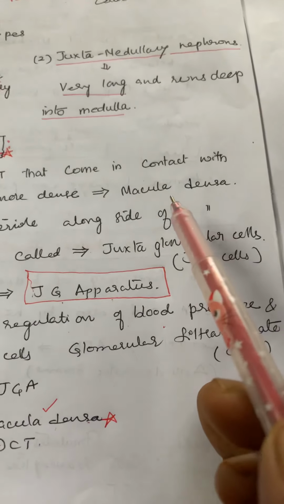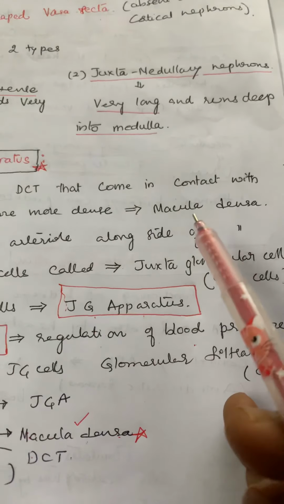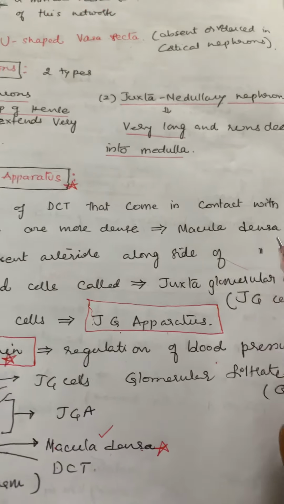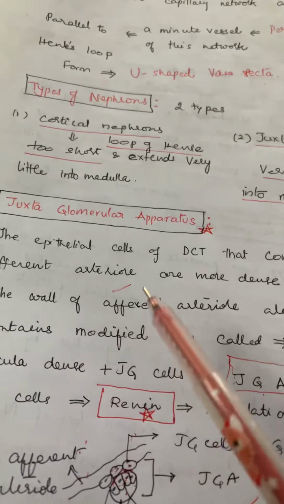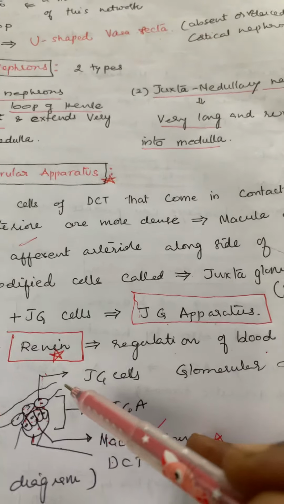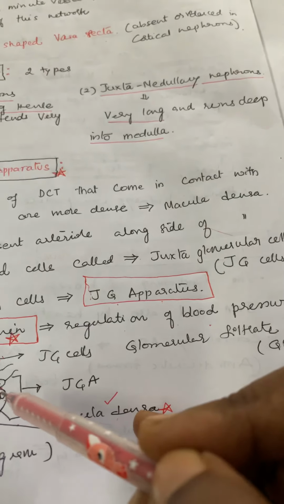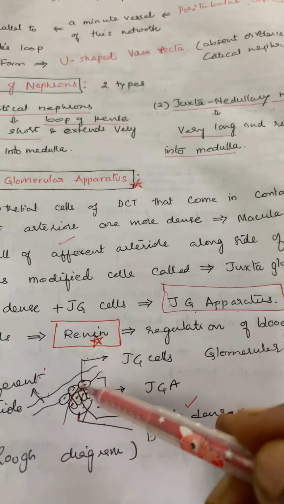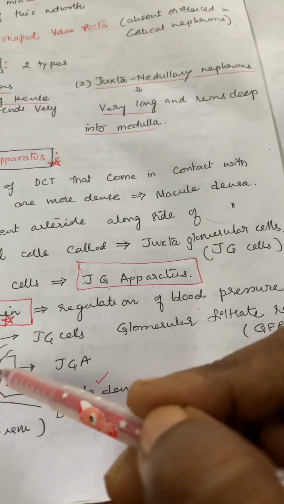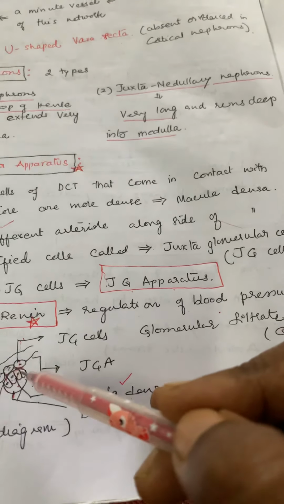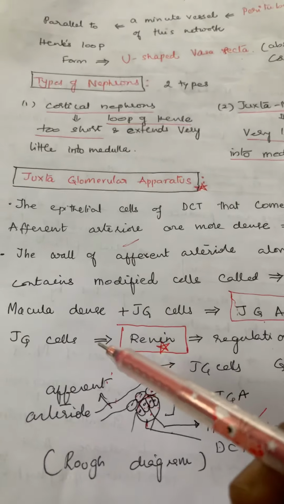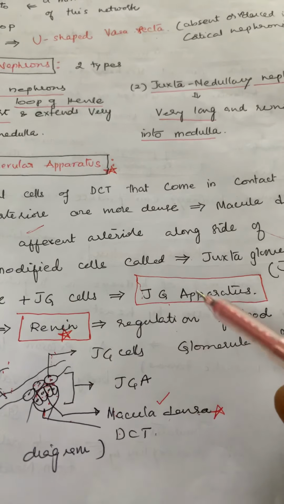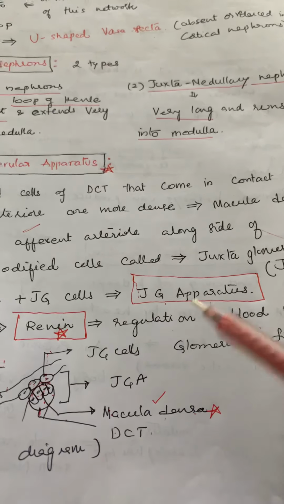That is called the macula densa. And the wall of the afferent arteriole alongside this macula densa contains modified cells called juxtaglomerular cells, or JG cells. Macula densa plus JG cells forms the JG apparatus, the juxtaglomerular apparatus.